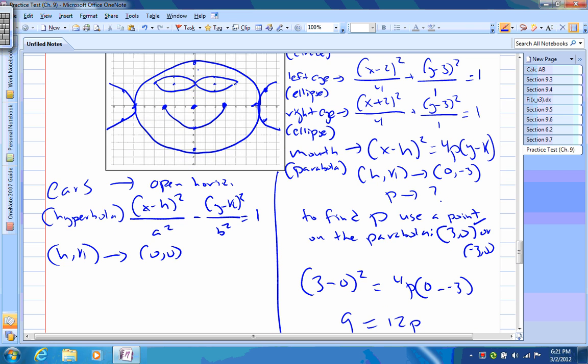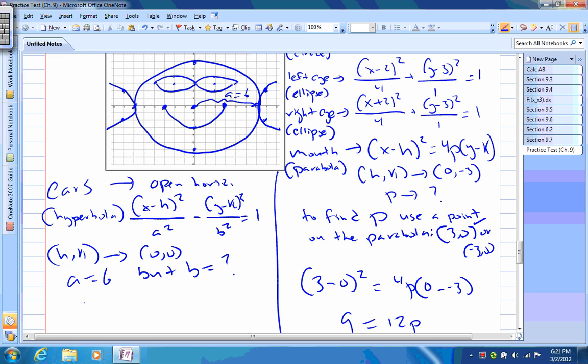So 0, 0, and I guess I added a nose for the center. So that's great. a is going to be 6. So we know a is 6. But b, we don't know. I've not given you the rectangle that forms this, nor given the asymptotes. So we can't really find what b is just yet.